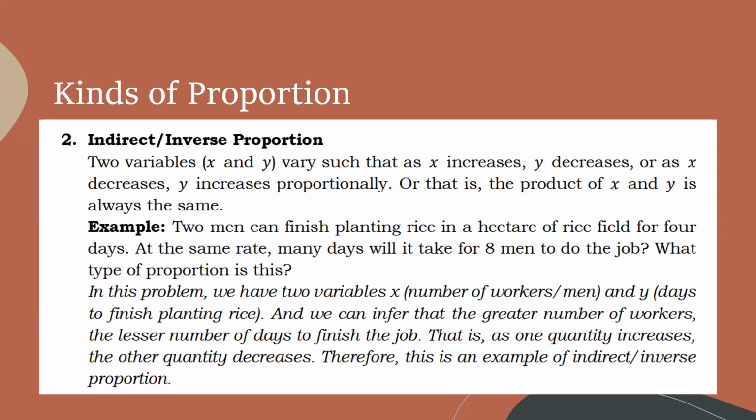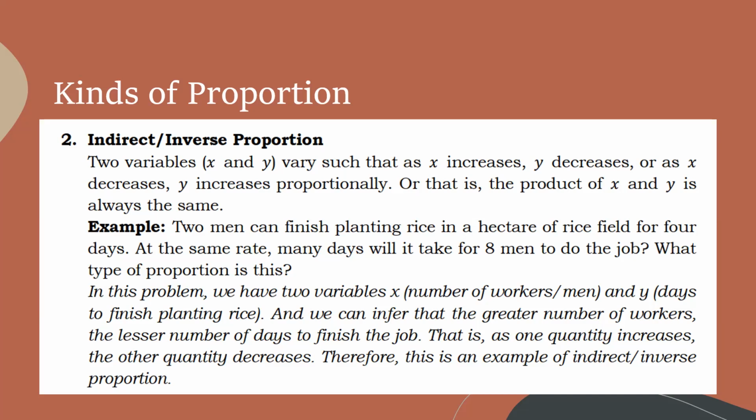Ano yung example po nito? Example, kung ang isang trabaho na ginawa ng 2 tao ay natapos ng 3 oras, kapag 5 kaya ang gumawa, tataas o bababa ang oras?